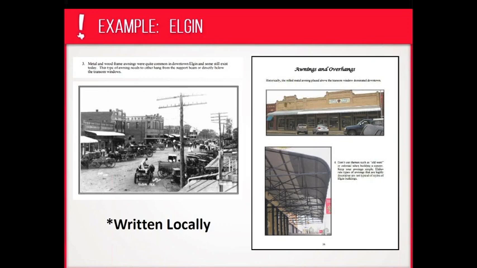Elgin includes historic photographs to emphasize how special these features are, and they pair them with what these awnings look like now. In their document, Elgin even includes uncommon features such as roof gardens and ghost signs, because those are particular issues they deal with on a regular basis in their downtown. Because the document was written locally, local flavor was incorporated that truly makes these guidelines fit the historic resources of the town.